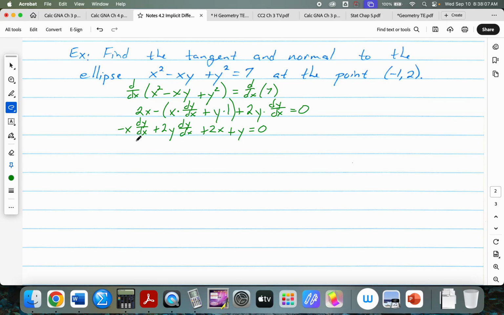I'm going to factor out the dy dx out of the first two terms and subtract the last two terms over to the right side. So I'm going to have dy dx times negative x plus 2y is equal to negative 2x minus y. Then dividing, we'll have dy dx is negative 2x minus y over negative x plus 2y.